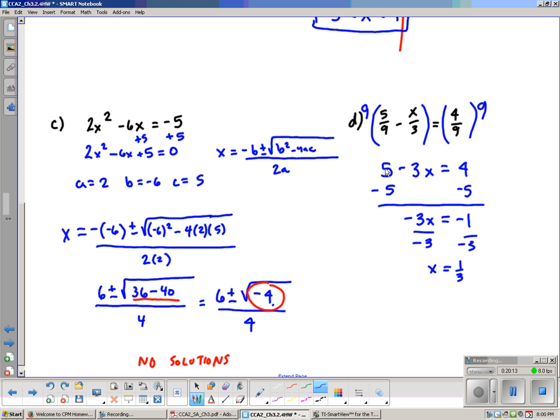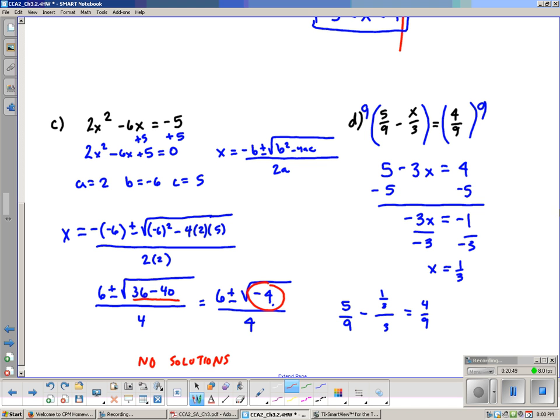To check our answer, we can plug it back in. When you do that, we should have 5/9 minus 1/3 divided by 3 equals 4/9. Well, let's go ahead here. In order to be able to subtract our fractions, we know we have to have a common denominator. That's what you've been working on in class. So I need to multiply this middle fraction by a form of 1 that would help us get rid of the thirds and turn them into ninths.